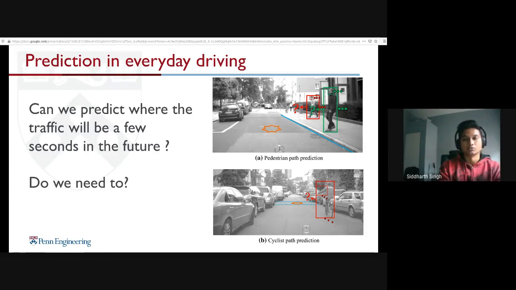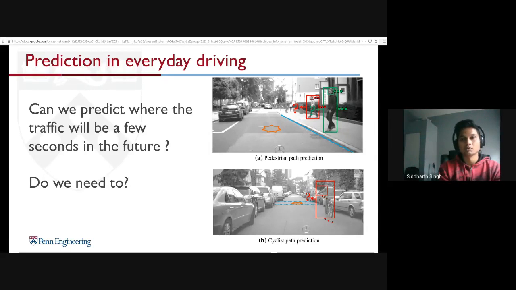If I have the information that in the next 2 seconds, this pedestrian will possibly, with some amount of probability, come at this location, I can then decide to brake, to slow down, or to just honk my horn.